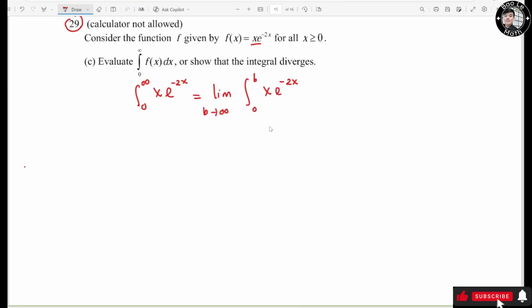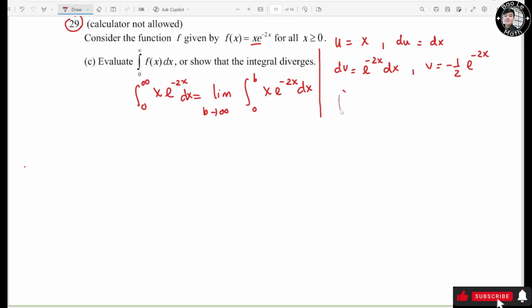So we're going to use integration by parts, right? Let u be s, du equals ds, dv equals e to the negative 2s ds, v equals negative 1/2 e to the negative 2s. The integral from 0 to b of s e to the negative 2s ds becomes u times v, this guy times this guy, right?